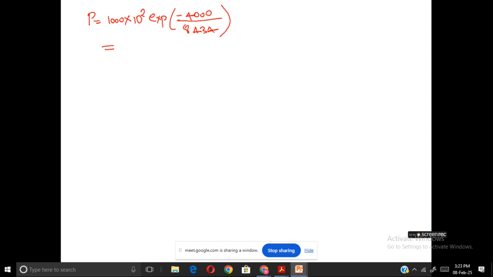It will be 0.6. The value of exponential will be 0.6. So it will become 1000 into 10 square into 0.6, which will finally give you 622 into 10 raised to 2 pascal, or 622 hectopascal. This will be the pressure at a height of 4 km in case of an isothermal atmosphere. Okay, I hope it is clear.